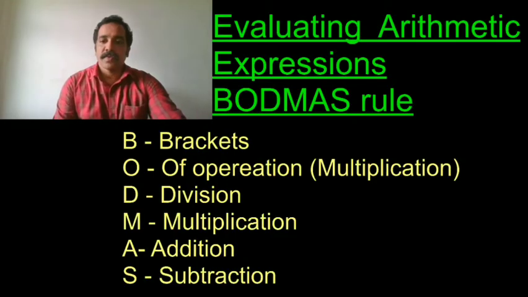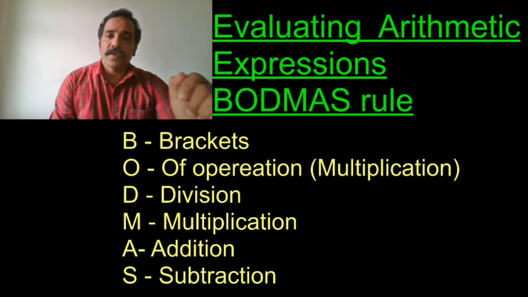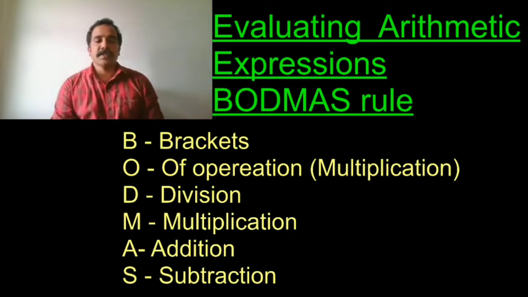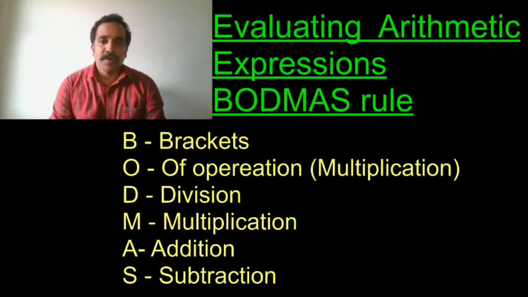So today's notes, some notes you already wrote, note down from the board. The remaining major points I want to discuss now here. So take your notebooks and write it down. Evaluating arithmetic expression using the BODMAS rule.